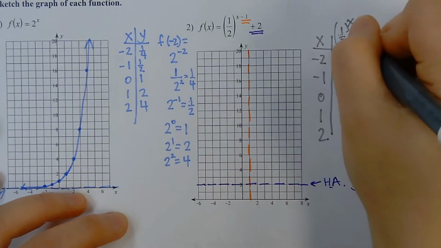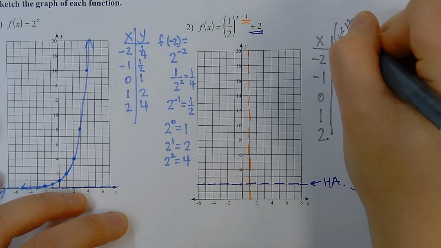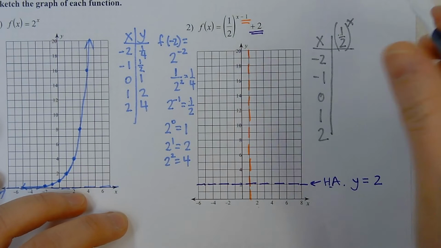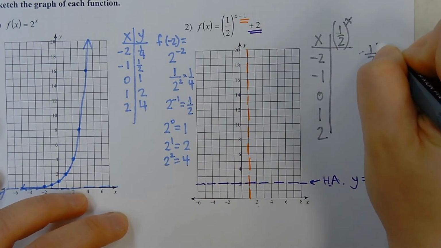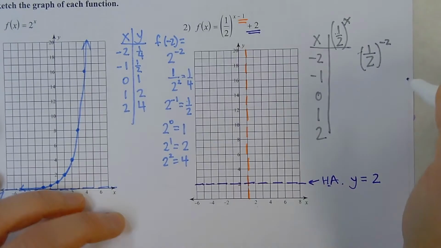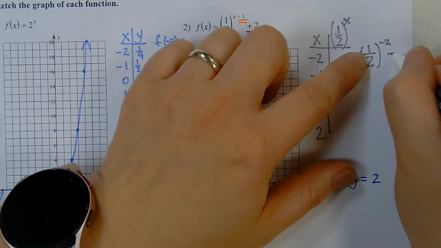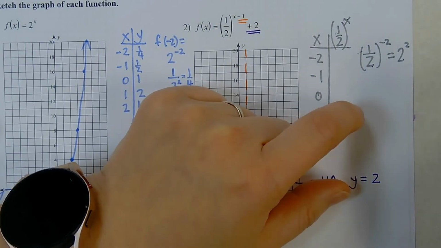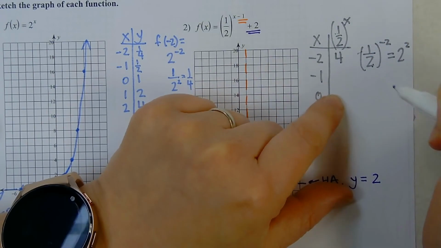In this case, we want to include the parentheses because we're saying that this x is not just for the 1, it's for the 2 as well, right? So 1/2 to the -2 power. This 1 is going to go to the bottom and this 2 is going to go to the top. So it's just going to be 2 to the 2 power, because over 1, it's just the same thing. So 2 to the 2 power, which is 4.